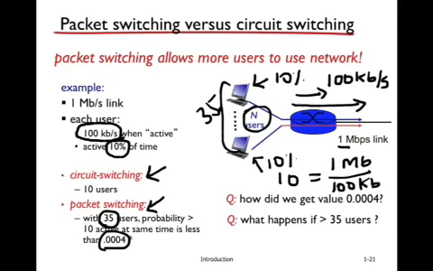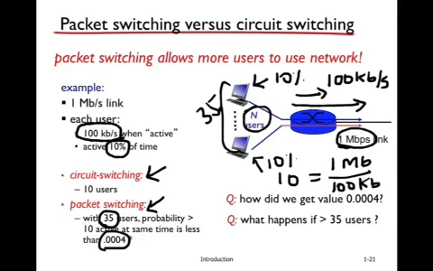I haven't explained how we came up with the 0.004 number yet, but for this particular argument right now, just believe that number, and once you accept that number, you basically can see that with packet switching we could support 35 users majority of the time with a given 1 megabits per second link.